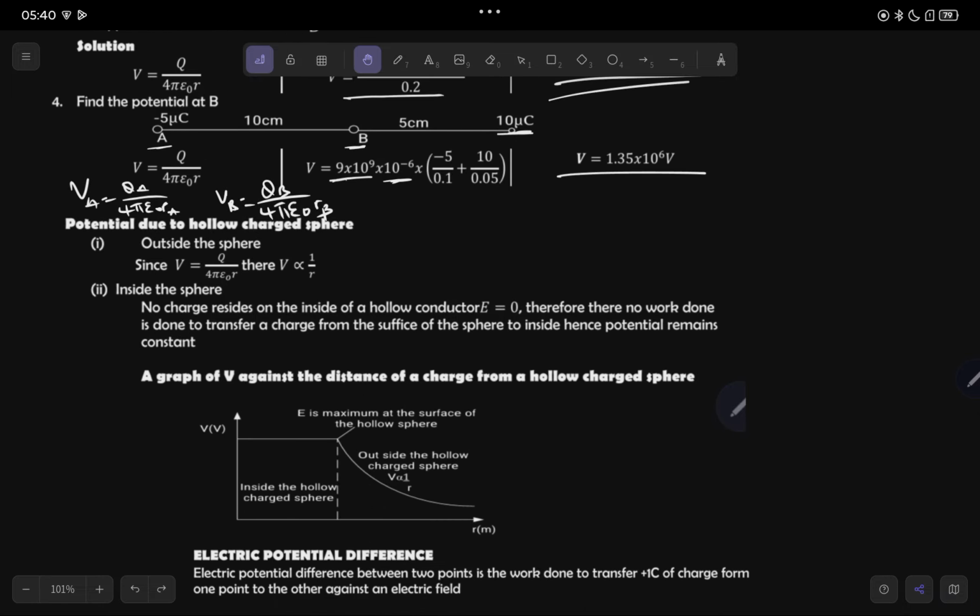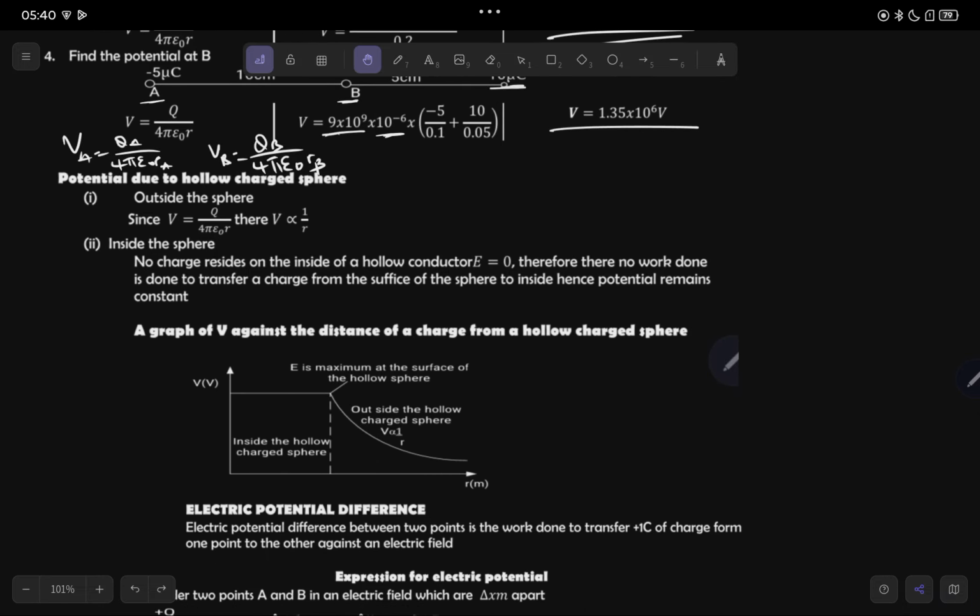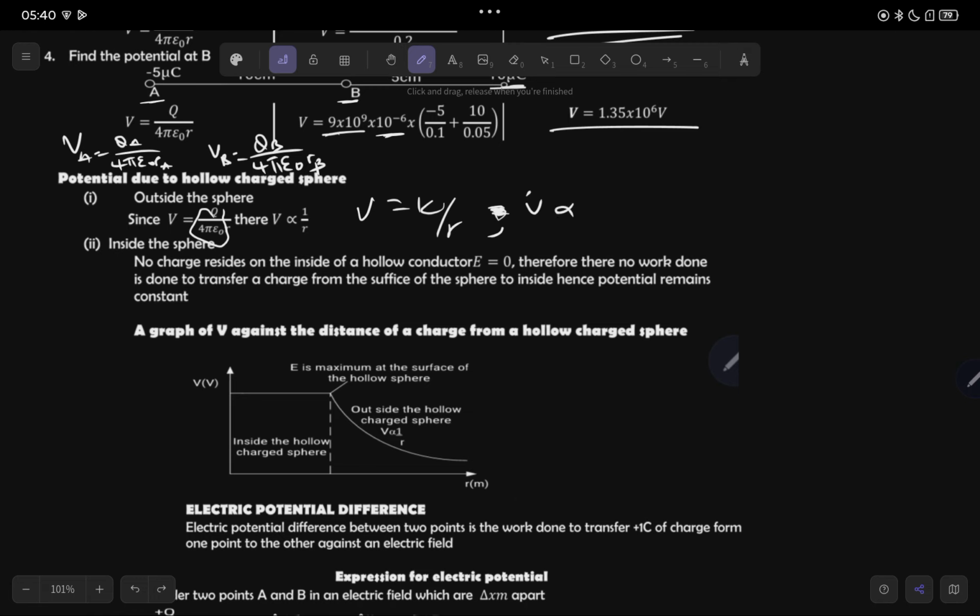Potential due to a hollow charged sphere. Outside the sphere, the potential follows the formula we have got, but remember the charge Q and the 1 over 4 pi epsilon naught is a constant, so it means basically V is equal to K over R. Since K is a constant, we can say that V is proportional to 1 over R, in an inverse manner.